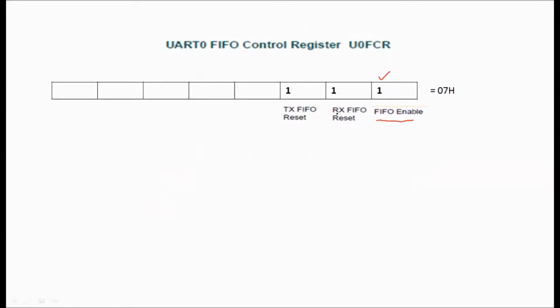Then the receiver FIFO should be reset so that all the data stored in the receiver FIFO will be cleared, and to reset the transmitter FIFO, that buffer, this bit should be set to 1. So initially we'll enable the FIFO, we'll reset the receiver FIFO, and we'll reset the transmitter FIFO. So in this control register we will store 07H data.